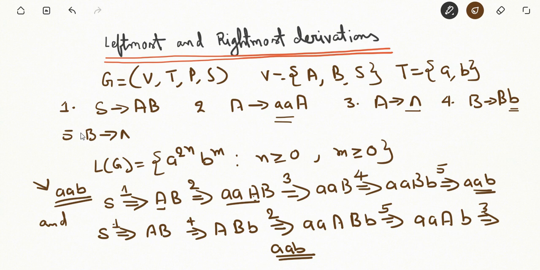To remove such irrelevant factors, we often require that the variables be replaced in a specific order. For that, the leftmost derivation and the rightmost derivation have been introduced. So, a derivation is said to be leftmost if in each step the leftmost variable in the sentential form is replaced.